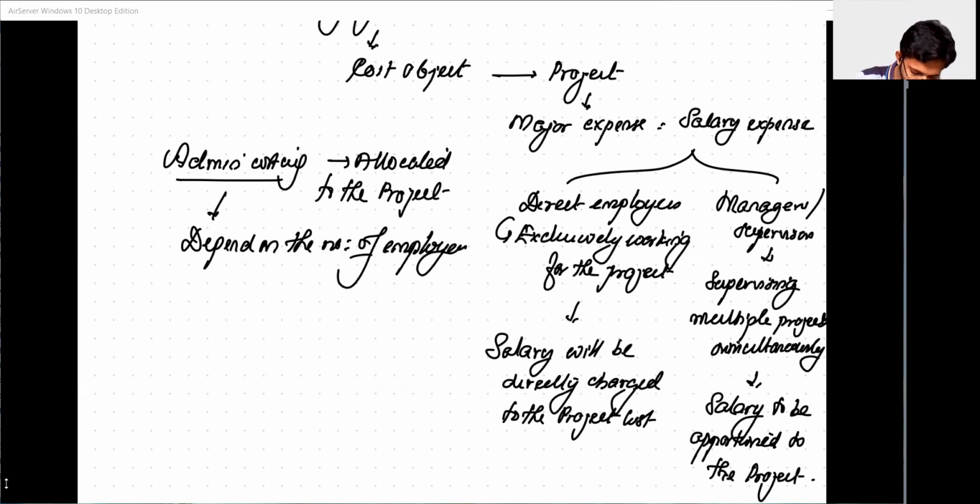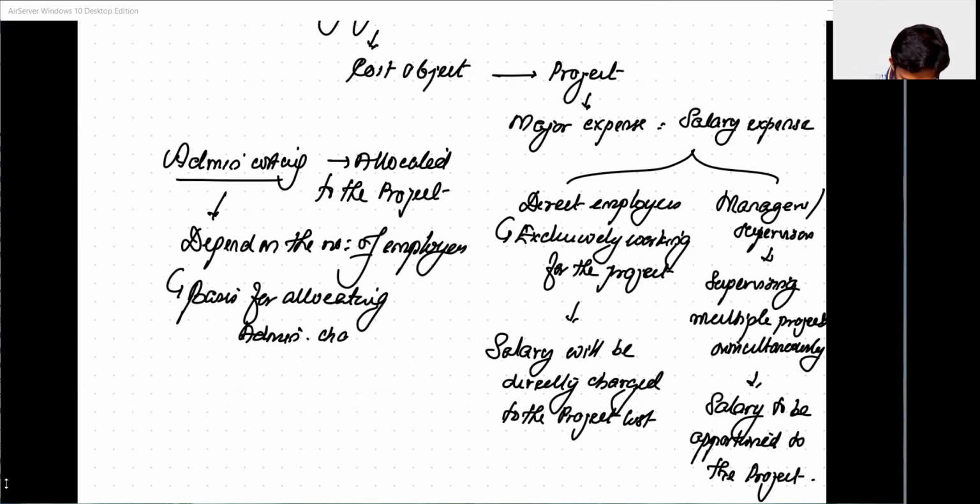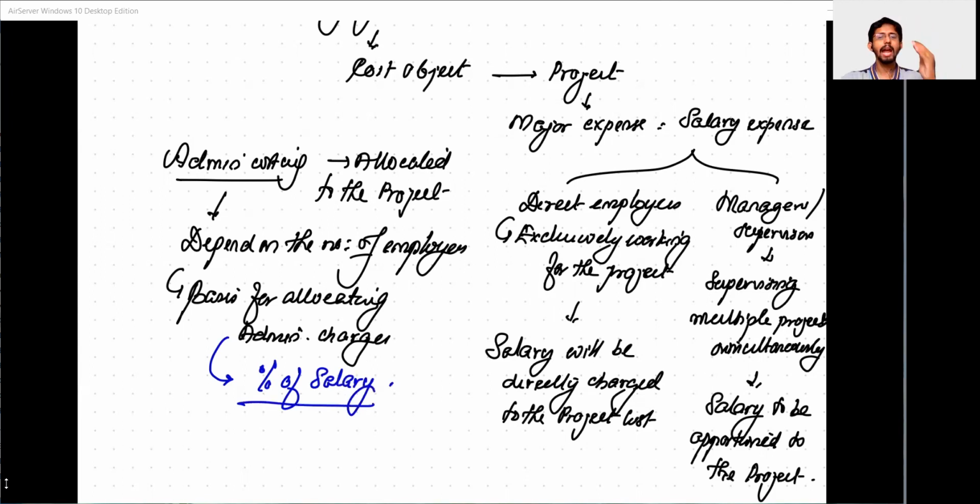So the basis for allocating admin charges, you can take any basis which is suitable, but one of the prominent bases which is generally adopted is the percentage of salary, because salary is the major cost and the salary is what is directly charged. So based on that, you can charge or allocate the administrative cost also.